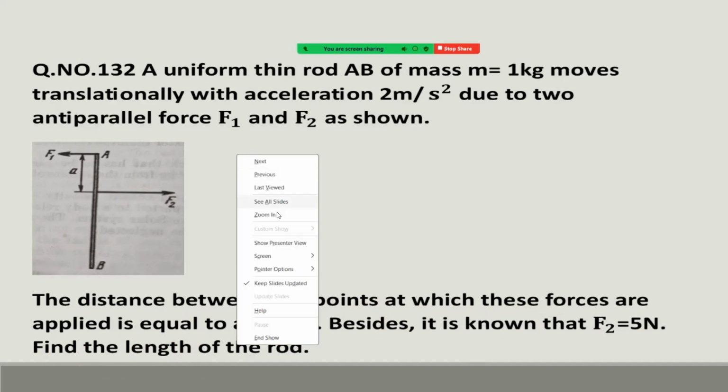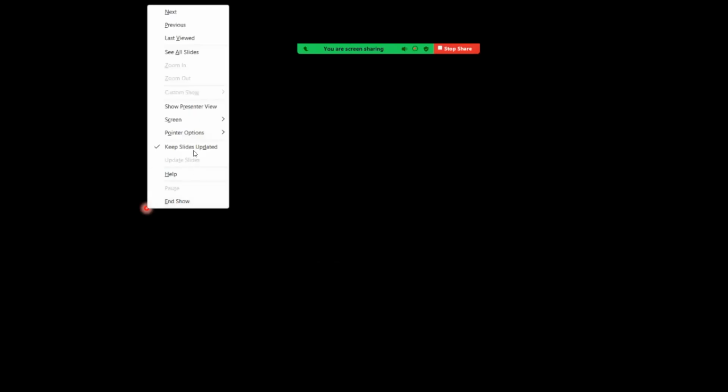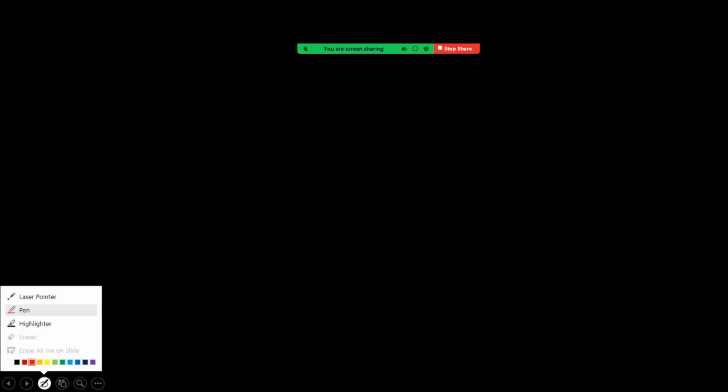Let us see how to start. First, make the diagram given. It is a uniform thin rod. Forces are given, F1 and the other is F2.